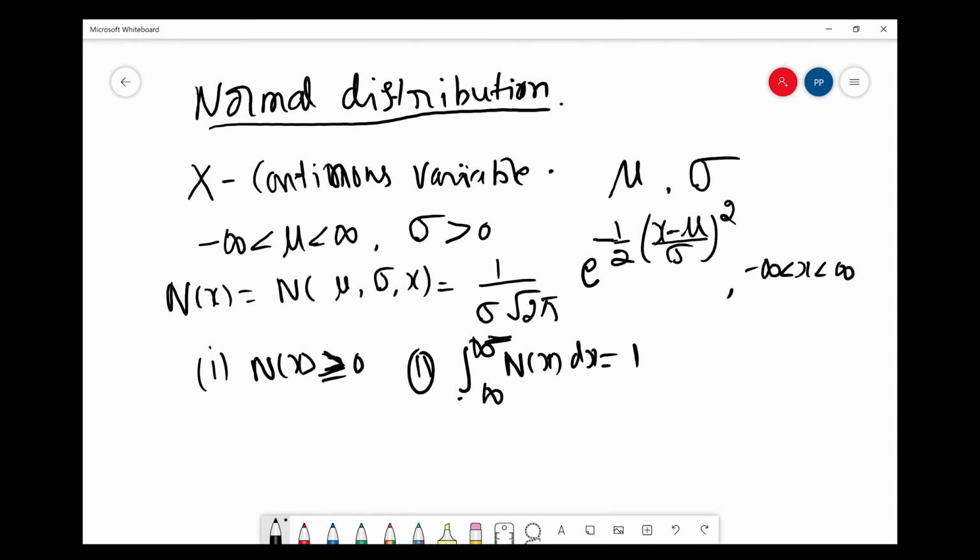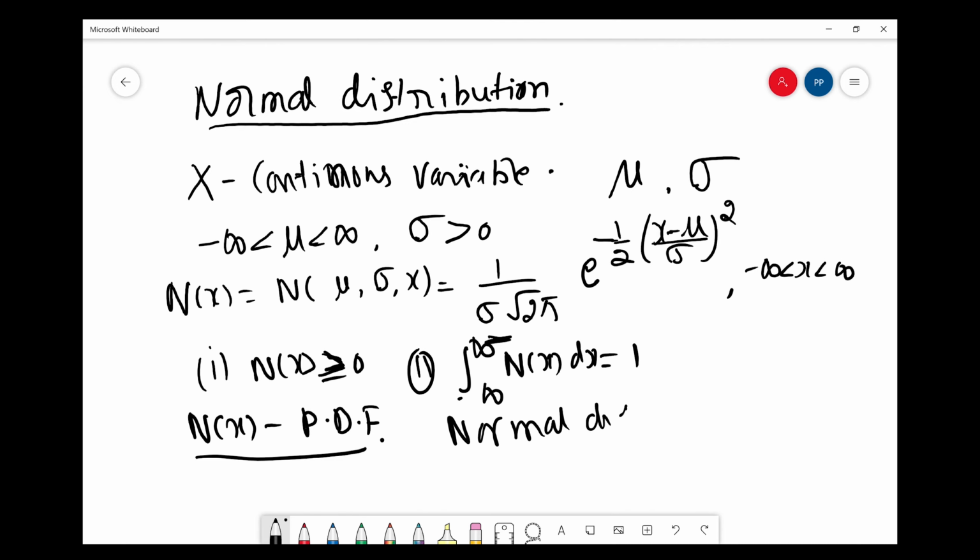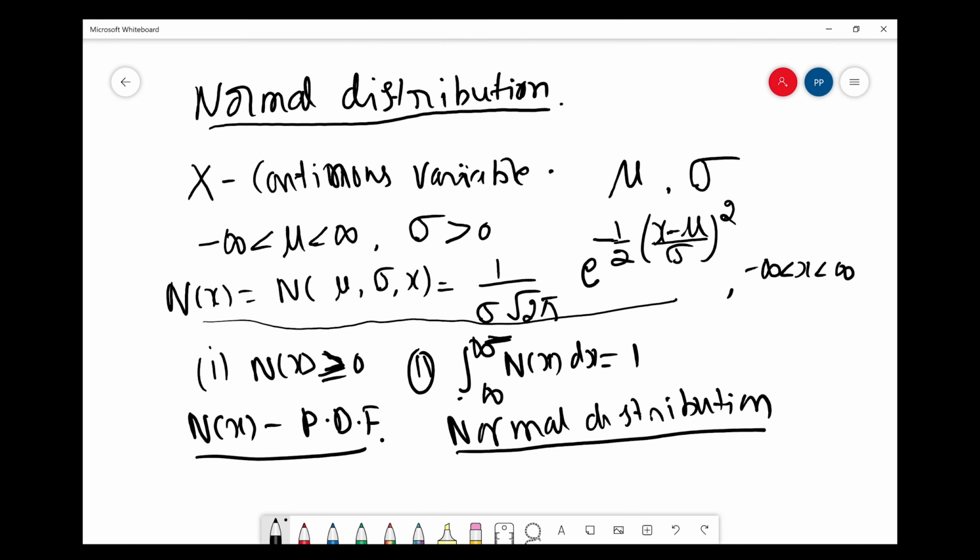This function is called the probability density function, and the corresponding distribution is called the normal distribution. That means the normal distribution is a continuous distribution in the continuous variable x, having this function as its PDF, since it satisfies these two conditions.